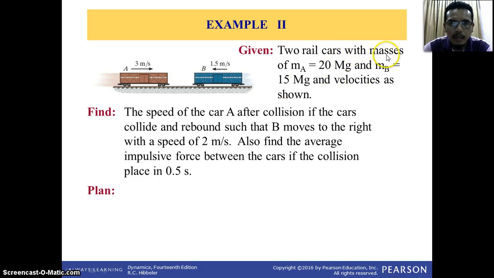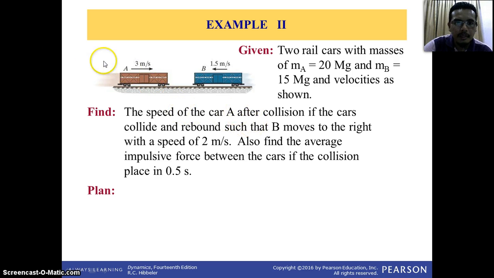Two rail cars, rail car A and rail car B, with masses of 20 megagrams for A and 50 megagrams for B. The velocities as shown in the figure are 3 meters per second for rail A and 1.5 meters per second for rail B. Find the speed of car A after collision if the cars collide and rebound such that B moves to the right with a speed of 2 meters per second.